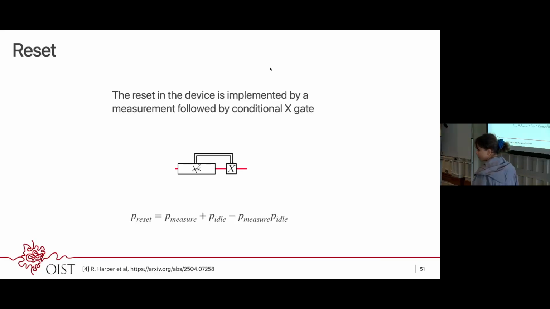On the Marrakesh device, the reset is implemented as a conditional reset, which consists of a measurement followed by a classical conditional X gate. This is the equation with which you can calculate the reset noise. If you're interested, you can read the paper.